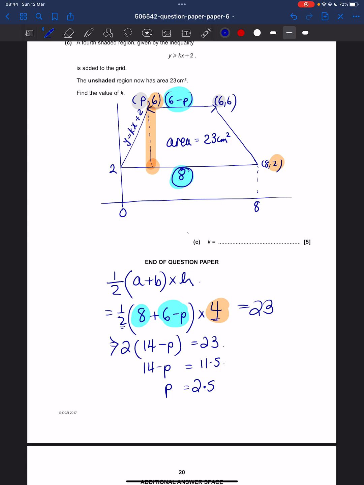Just checking all my solutions in front of me. What a different answer from here. Half a plus b times h is 25.